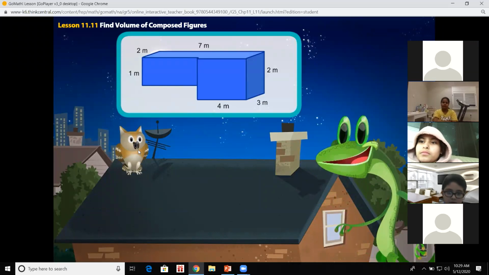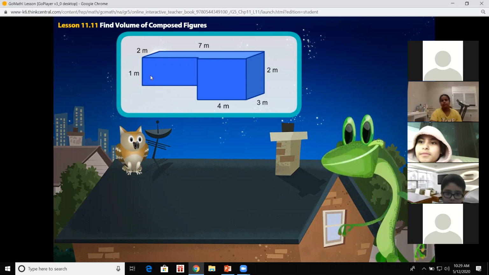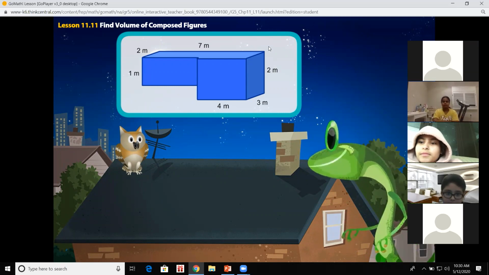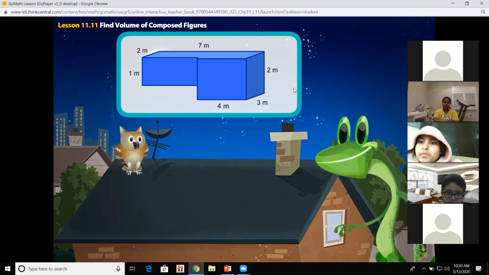Wow, that's a nice pool. It will even have a deep end that is 2 meters deep and the shallow end that is 1 meter deep.